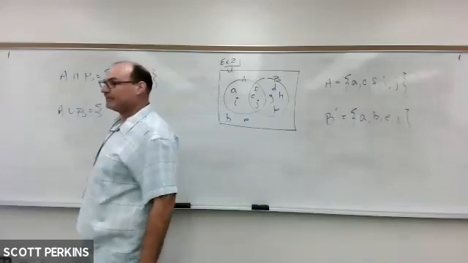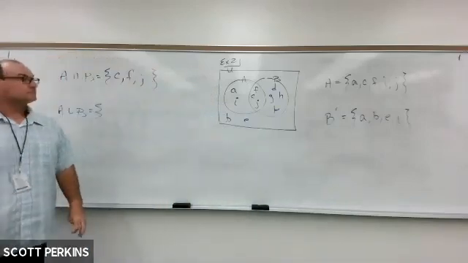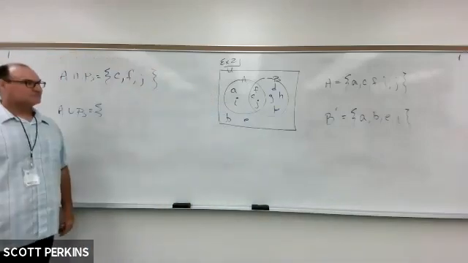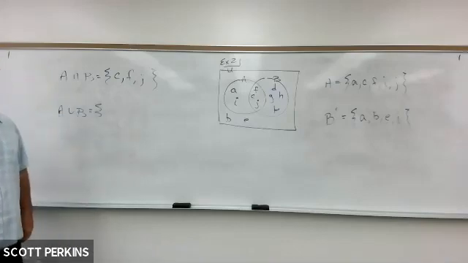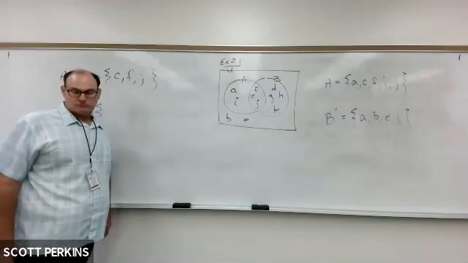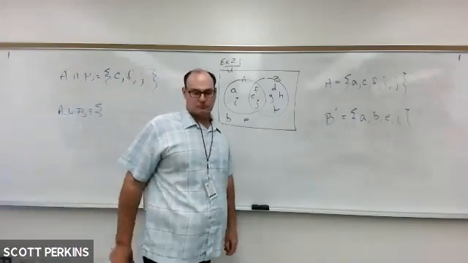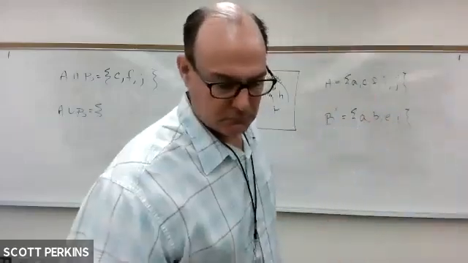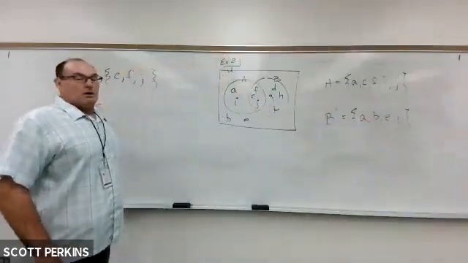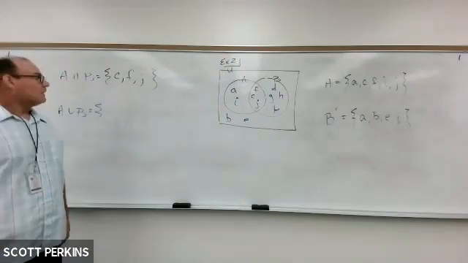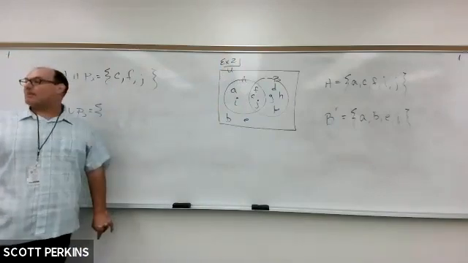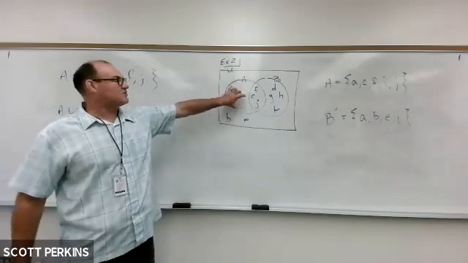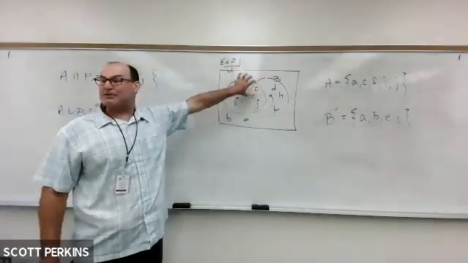Good clarifying. Remember, the union is everything in both sets. So you're listing in some order everything that's in both circles.